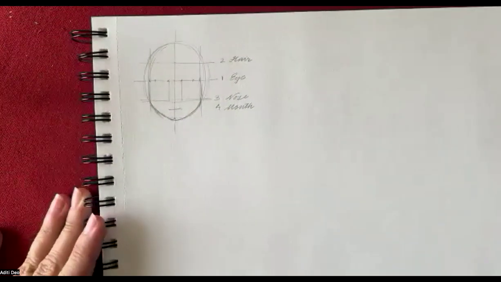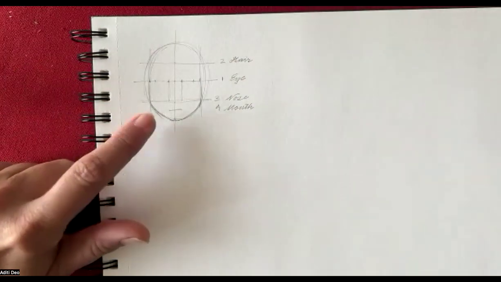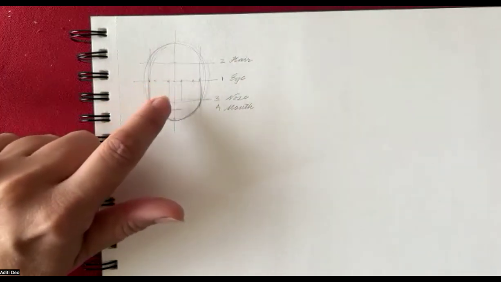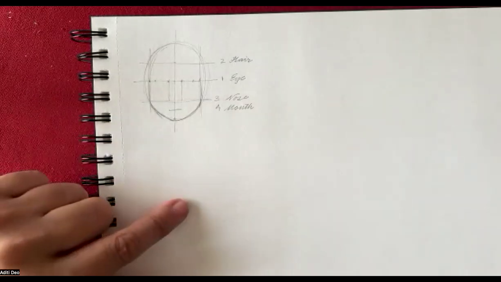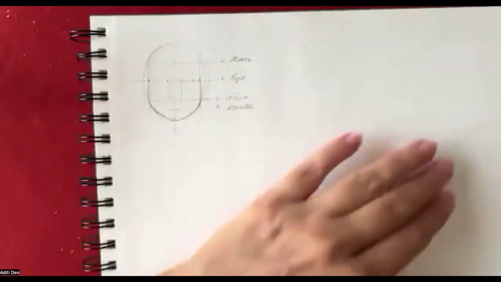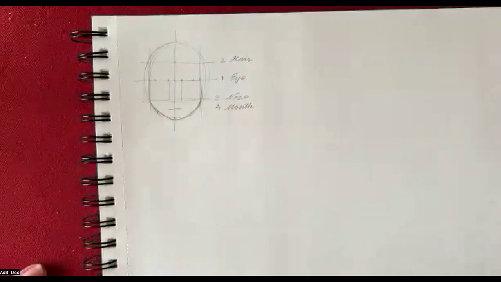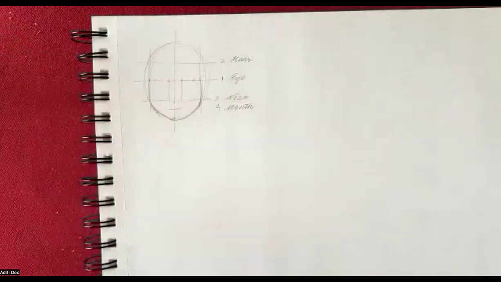All right, so now we'll move on to the features. This is where the features are going to fit in, but I'm not going to make the features so small that you can't see the details. We'll make the features below, and then you can start filling the features on the small face first, and then we'll go to the big face. So to start off, let's mark this proportion.